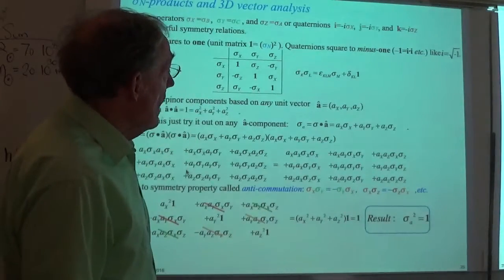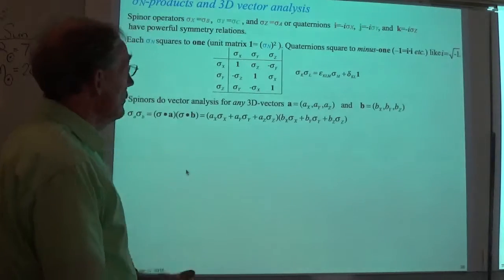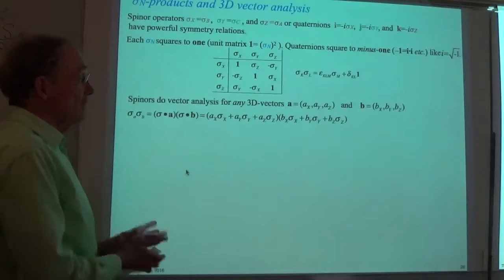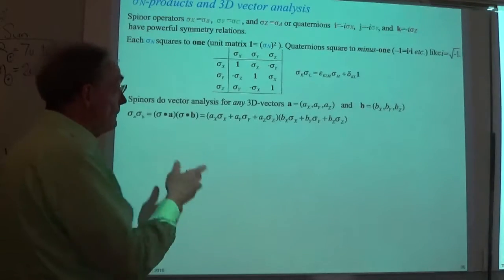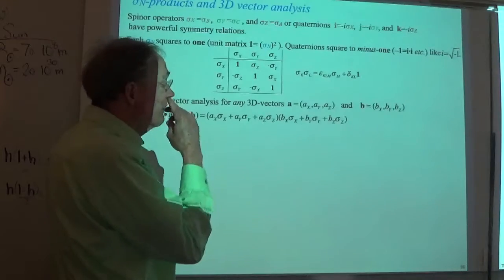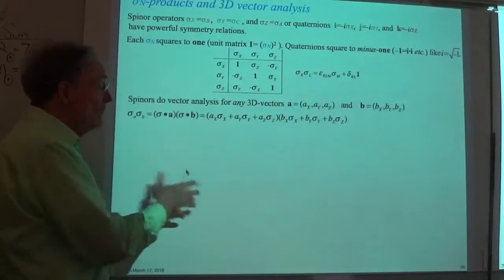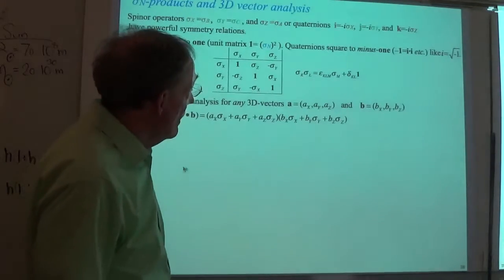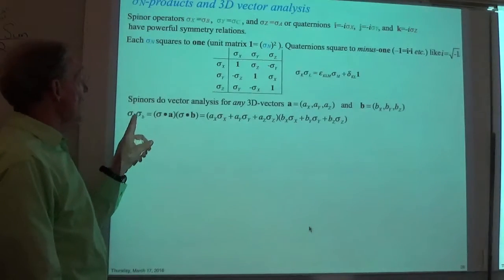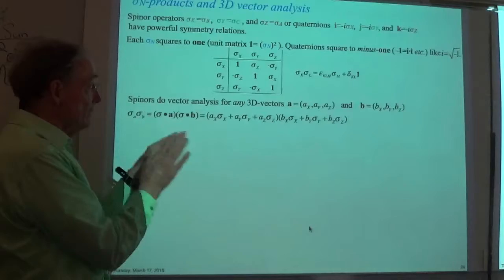Okay. Now, here's the other deal. This is what I think Hamilton was really excited about. And that was that he was able to do the manipulation of vectors that involved something we were doing with complex numbers. Here I'm going to take two different vectors, a sigma A and a sigma B. These are arbitrary vectors.